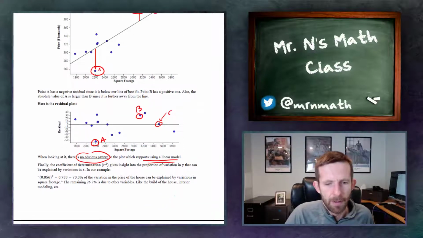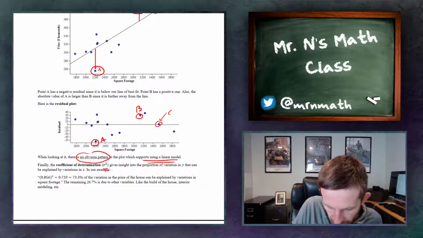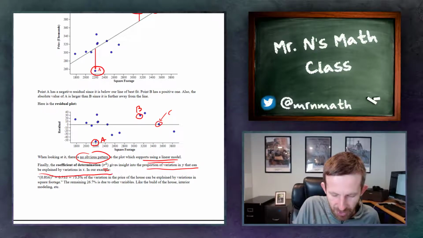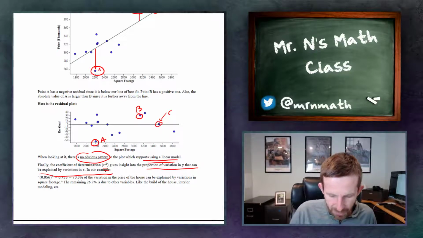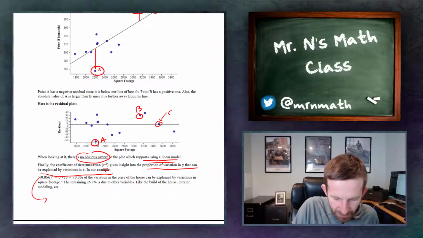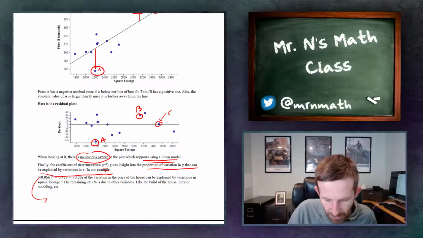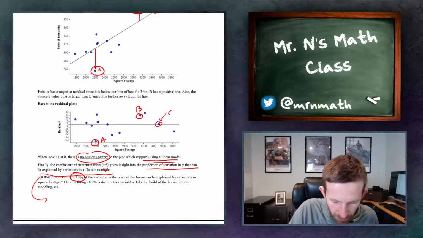Finally, the coefficient of determination, or R squared, gives insight into the proportion of variation in Y that can be explained by the variation in X. So for example, if I take my correlation coefficient 0.856, square that, I get 73.3%.